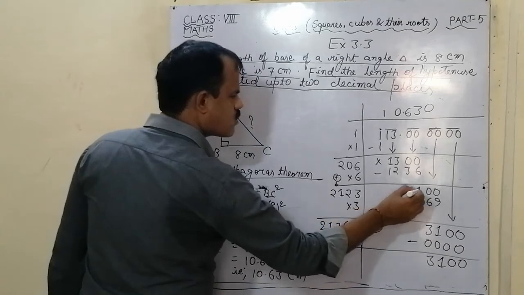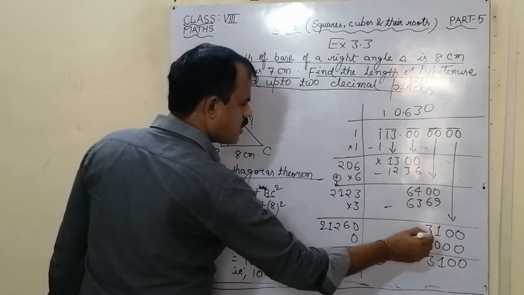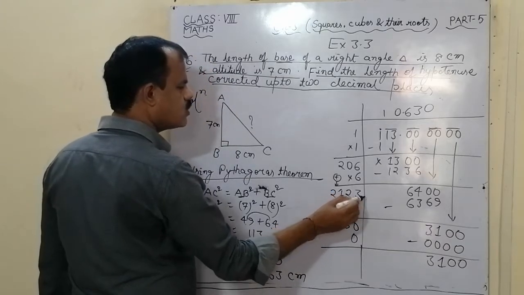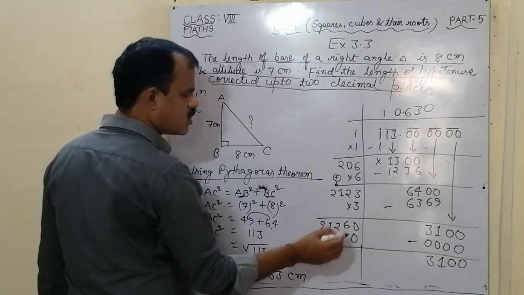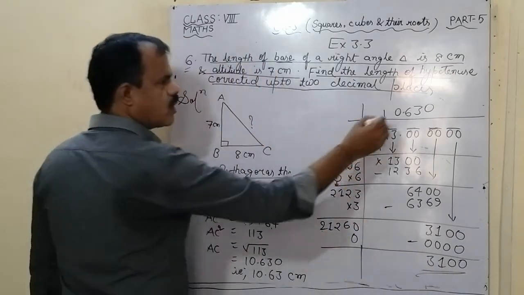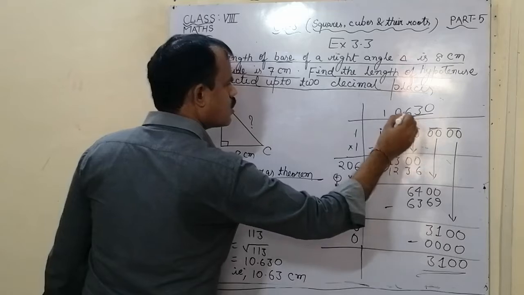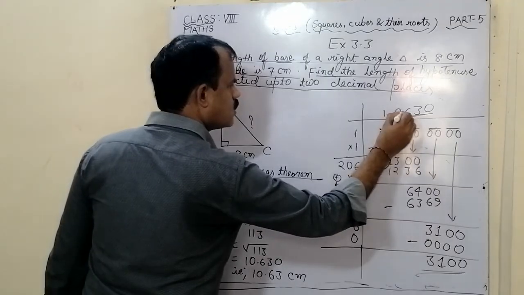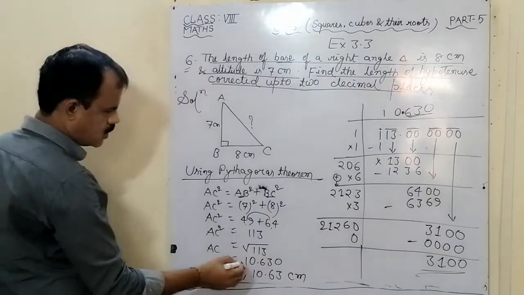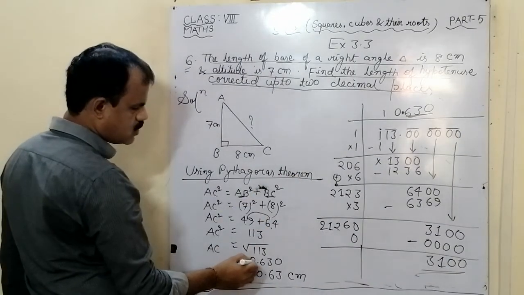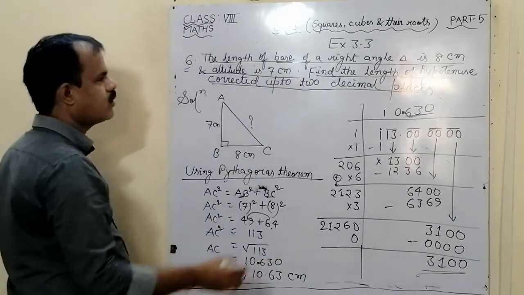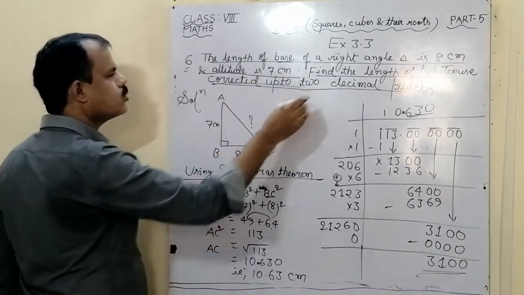Now 6400 minus 6369 becomes 31, and you add 2123 plus 3, it becomes 2126. Now by 0 it becomes this. So up to 3 places we find the square root, that is point, and after the decimal we find 3 places. Now look here, we have the answer 10.630, 3 places, and we have to find it corrected up to 2 places.